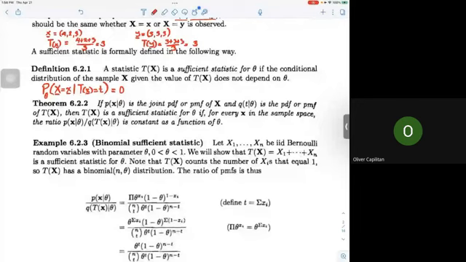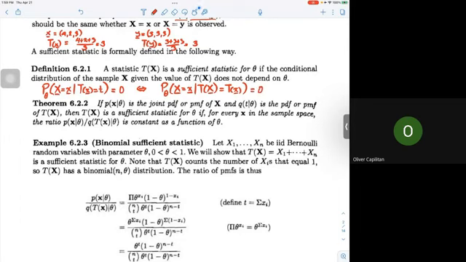Or equivalently, we can have this expression, given that T of the value of our statistic, pwedeng ganun, will be equal to 0.